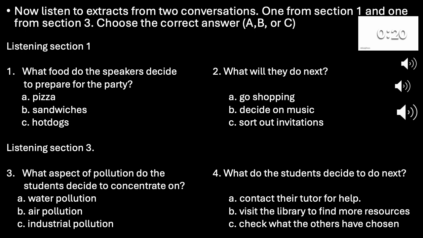Listening section 3. Hi, Julie. Have you got time to plan our project? Sure. I've got a few minutes. We need to choose a topic based on the theme of pollution, don't we? That's right. Have you got any preferences? Well, I did a huge assignment on water pollution last year, so we could just do that. Actually, the tutor did make a point of saying not to use last year's materials, so we'd better not.